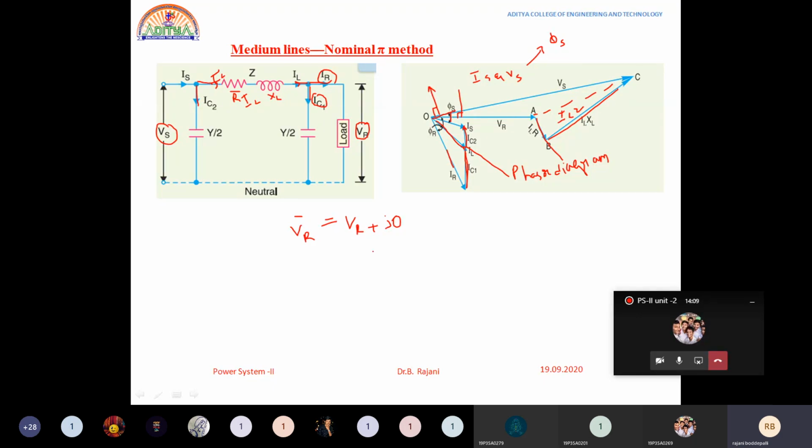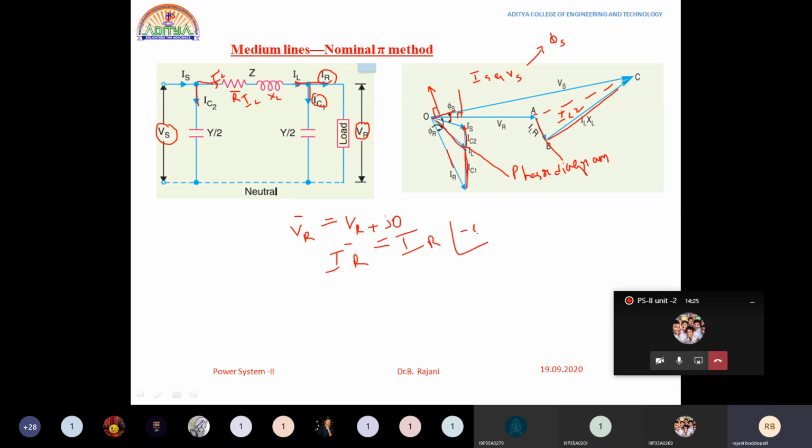Now, the IR current is nothing but IR at an angle of phi r, just as in the case of the short transmission line and the medium transmission line T network model.